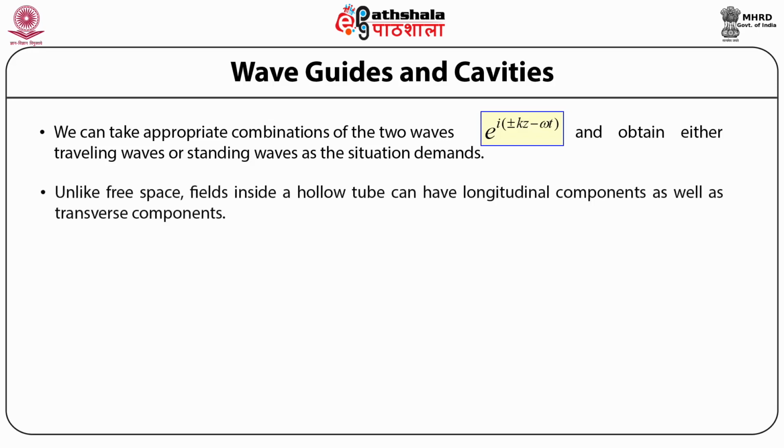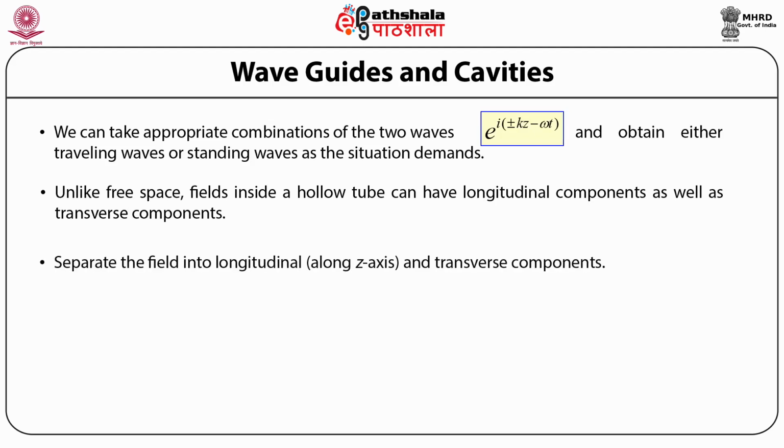Now, unlike free space, the field inside a hollow tube can have longitudinal components as well as transverse components. So it is important that we separate the field into these two different types of component, that is the longitudinal component which is along the z-axis and the transverse components.